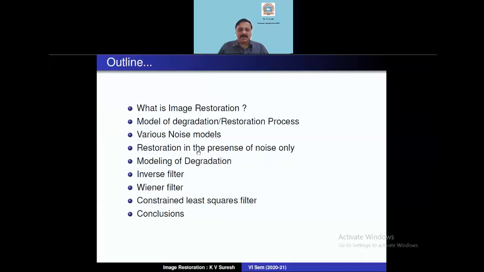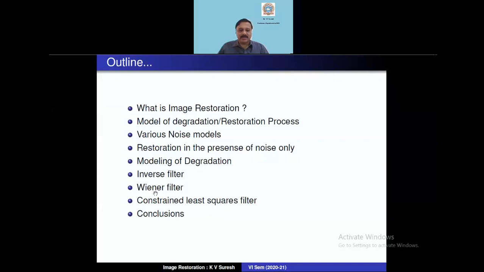The first assumption we make is that the image is corrupted only because of noise, so we try to restore it only in the presence of noise. Then we assume that the degradation is only blur, model it, and perform an inverse filtering operation, thereby obtaining a restored image.